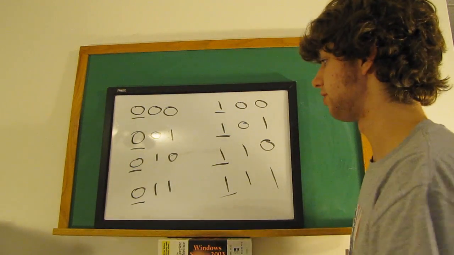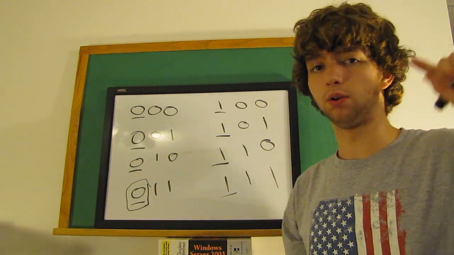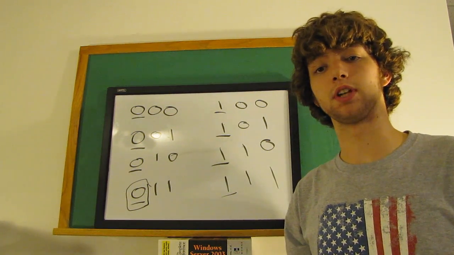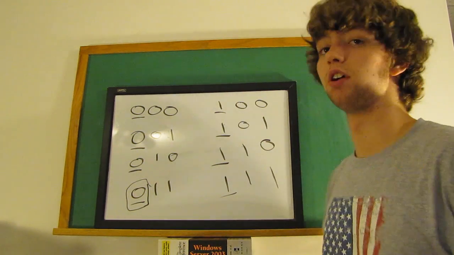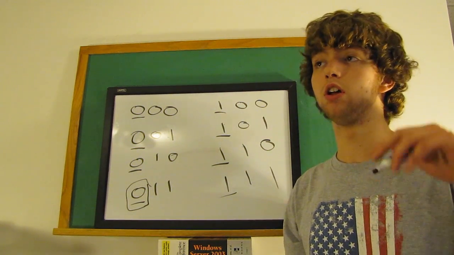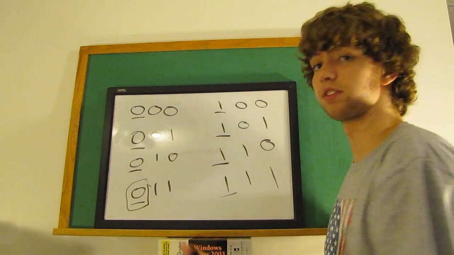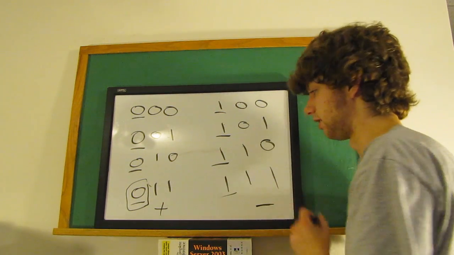So we're not going to use it to calculate numbers anymore. We're going to use it to calculate whether it's positive or negative. So we could say all of the zeros are positive, and if it has a 1, then it's negative.